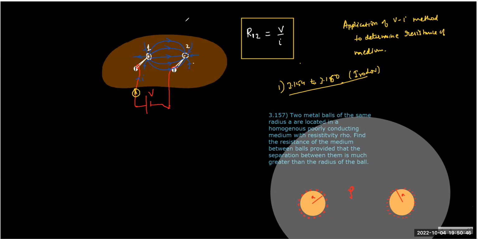And if I draw a cross-section, the electric field lines that cross this boundary will cross the entire medium and reach the other end, isn't it?